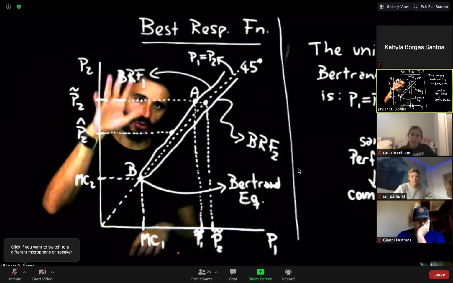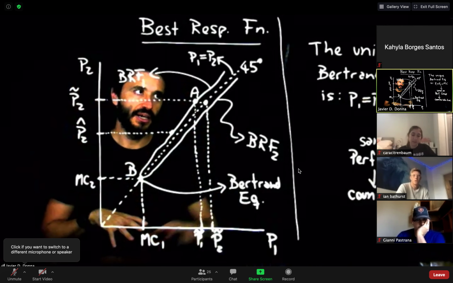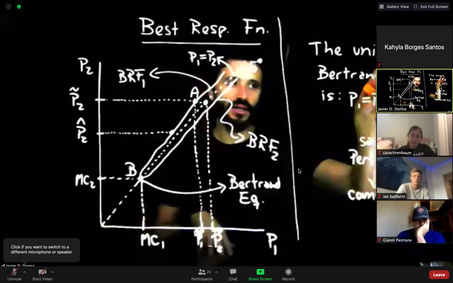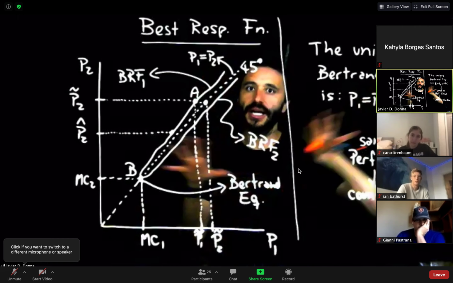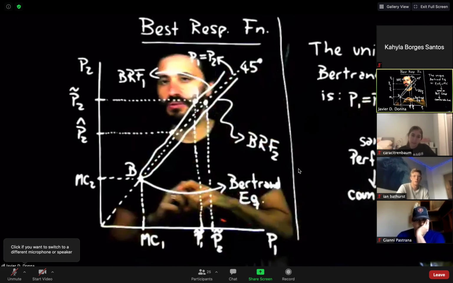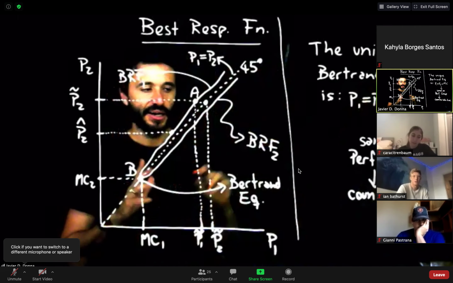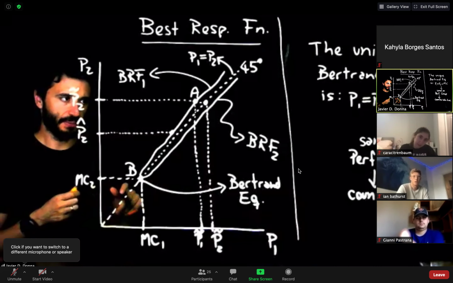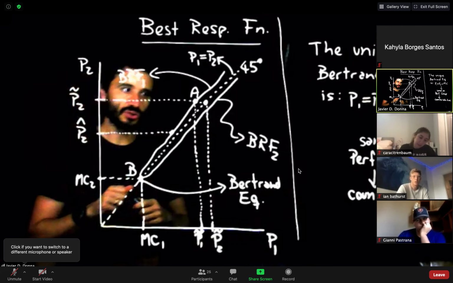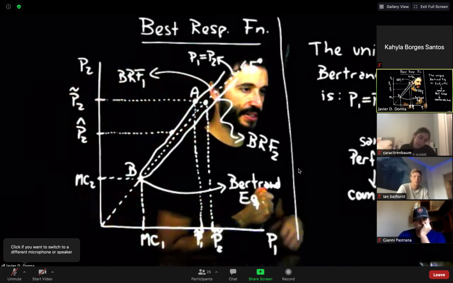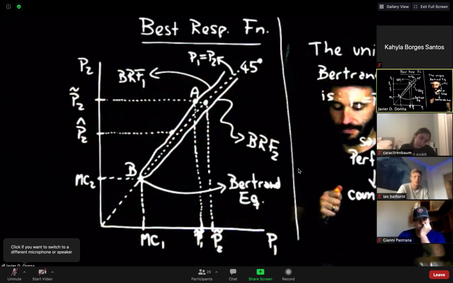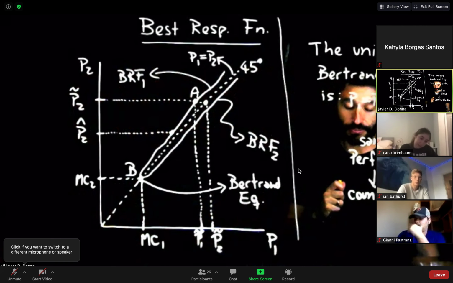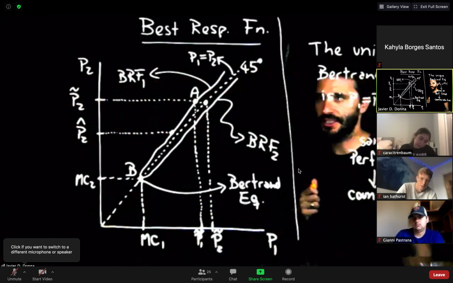Once you allow for product differentiation in the Bertrand model, this result of the unique Bertrand equilibrium at the marginal cost breaks down, and we get much more intuitive results. We're not going to see that particularly in this class because it gets a bit complicated, but we are going to see some examples and some models about product differentiation among monopolistic competition.